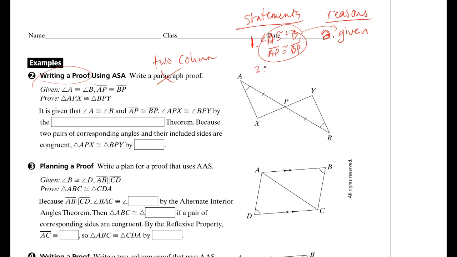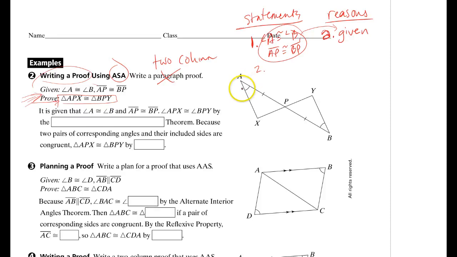Next statement. I can't jump right to this line. This will be my last thing that I write. But there's a bunch of stuff inside here that allows me to make these leaps. Well, let's see. We're trying to use ASA. We're trying to use angle, side, angle. And look at that.